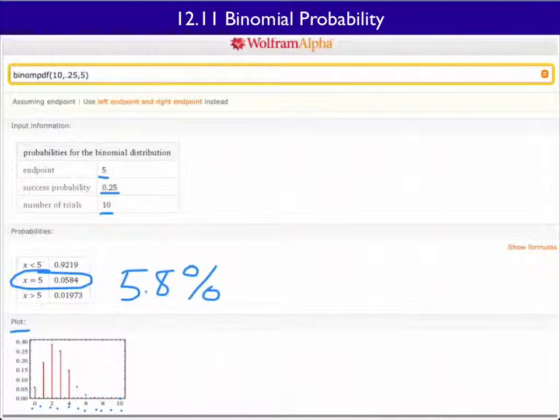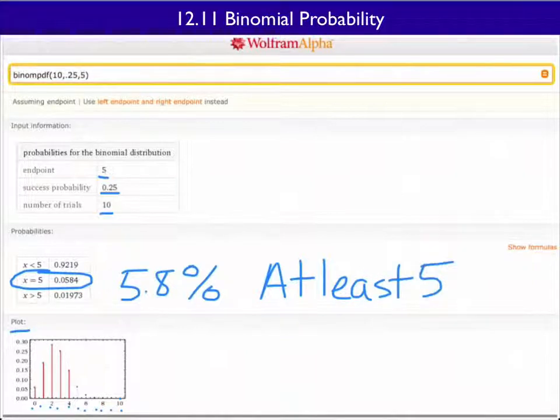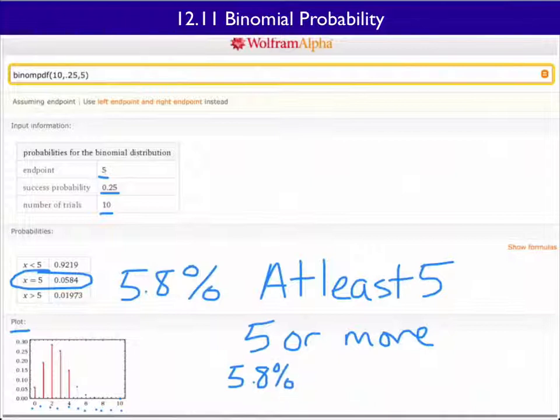Now, in this case, if we were looking for at least 5, what we would do is take 5 or more. Well, the probability for 5 was 5.8%. And then the 'or more' is going to be greater than 5, which you can see is right here.